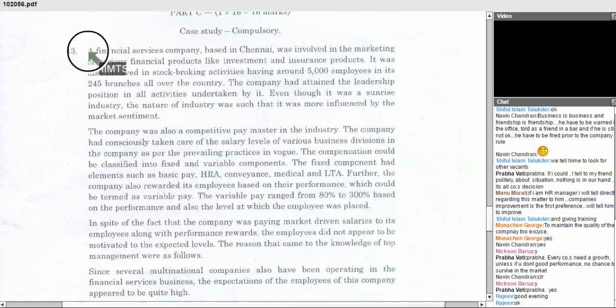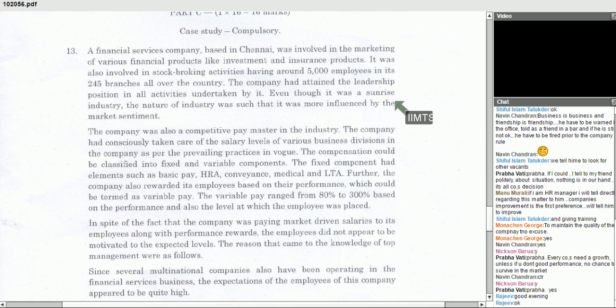The case study has started from here. A financial service company based in Chennai was involved in the marketing of various financial products like investment and insurance products. It was also involved in stock broking activities, having around 5,000 employees in its 245 branches all over the country. The company has attained the leadership position in all the activities undertaken by it.